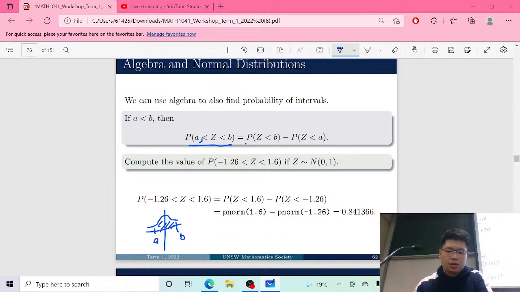Excuse my drawing. So this is P(Z less than b) minus P(Z less than a), and the difference between these two is the middle shaded area here. That's how you remember that when you're dealing with intervals, it's just the difference between the two p-norms. So this would be p-norm of b, minus p-norm of a.